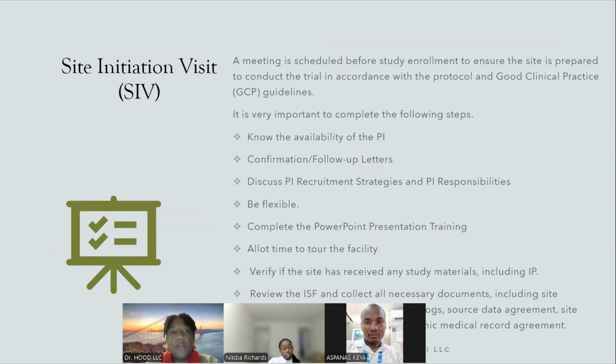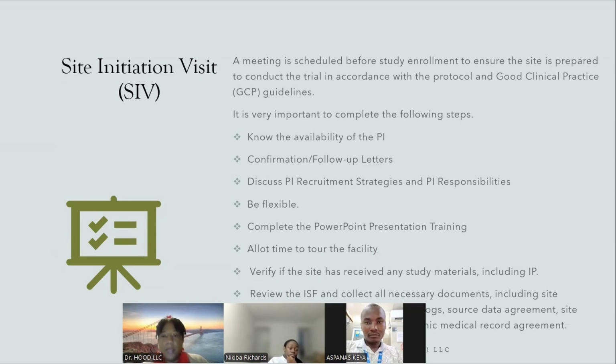The vast majority of the SIV you're going to talk to the site staff, but not all of that information is related directly to the PI. So you want to know your presentation, your slides, and know which slides I need to present to the PI and which slides the PI really doesn't need to be involved in.